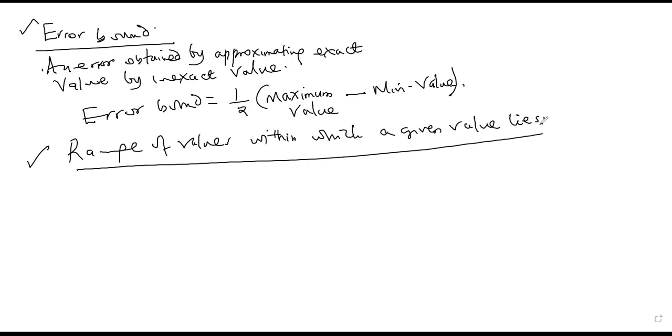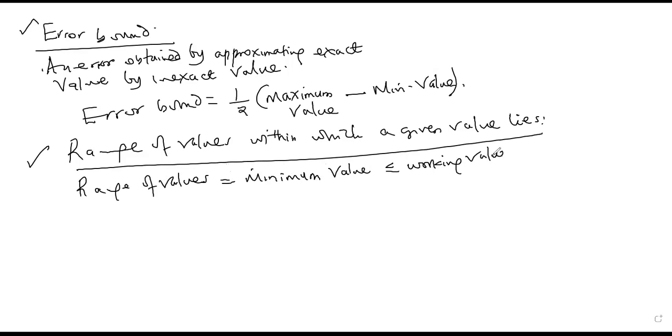When we say range of values within which a given value lies, we obtain this by subtracting and adding the error bound to the working value. In other words, the range of values is: minimum value is less or equal to working value, which is less or equal to maximum value.